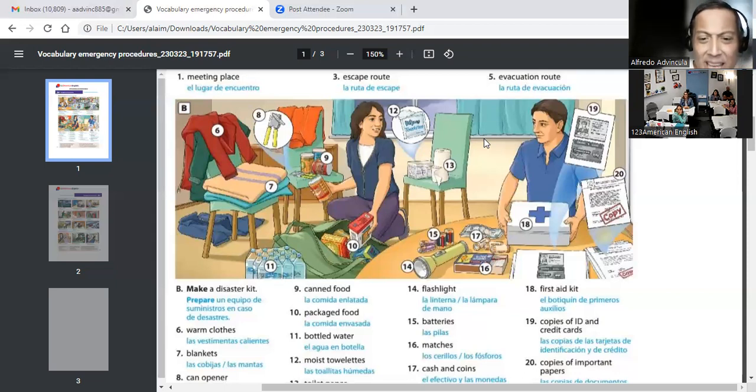Zoila, why do you think it's important that we also have matches? Number 16, matches.